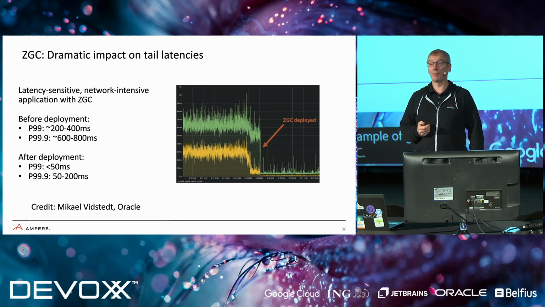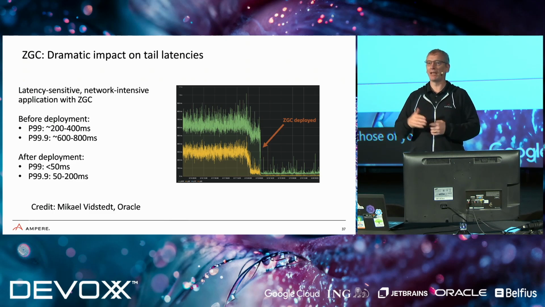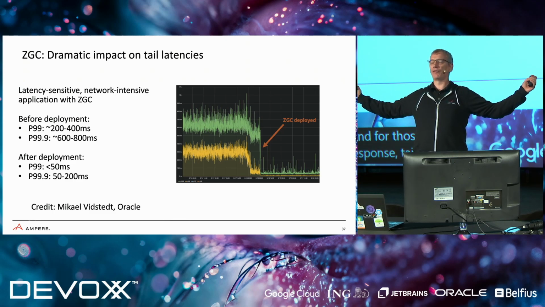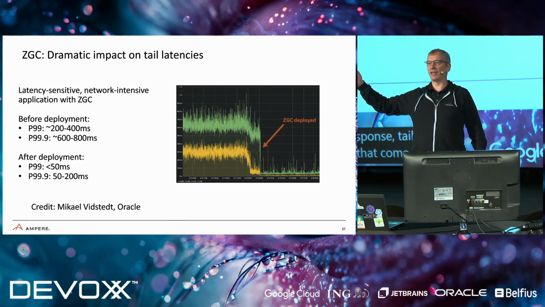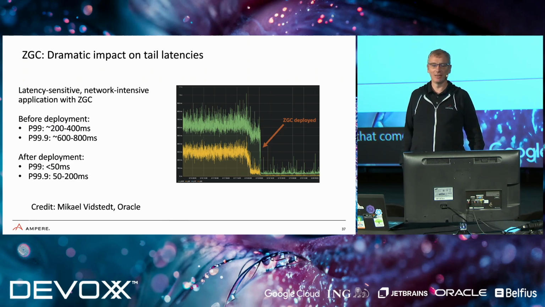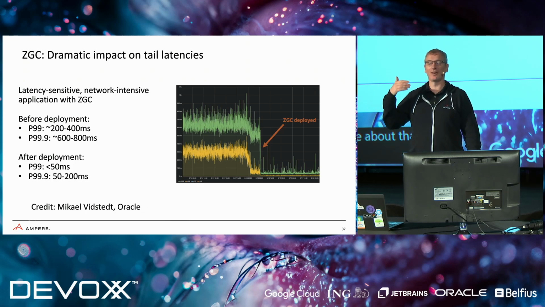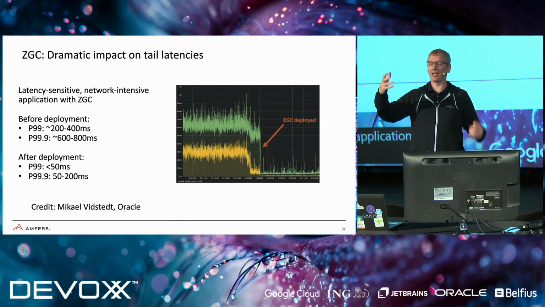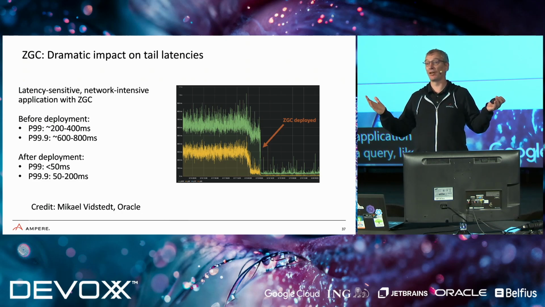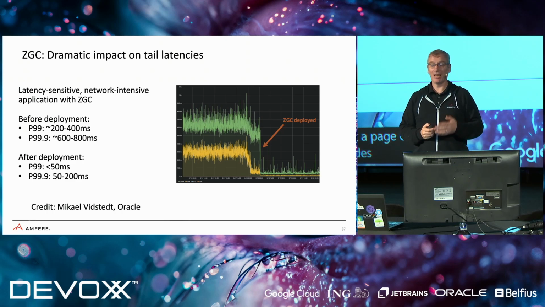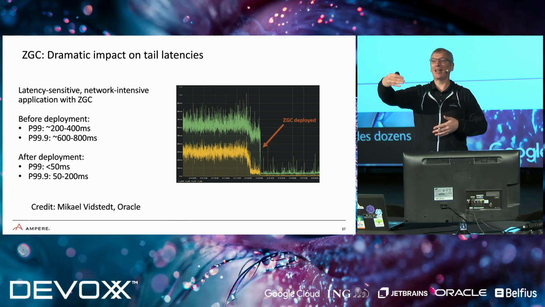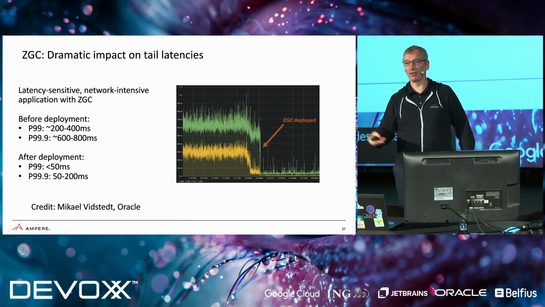It can have a dramatic impact on tail latencies, and for those of you who are unfamiliar, latency is time to response. With tail latencies, you look at all of the queries that come in. You look at the 99th percentile or 99.9 percentile, and you might say, well, 99.9, I don't really care about that. But it's been one of the things in cloud application development in general that a page or a query, like a user request, typically includes dozens or hundreds of these kind of tail-latency-specific operations.